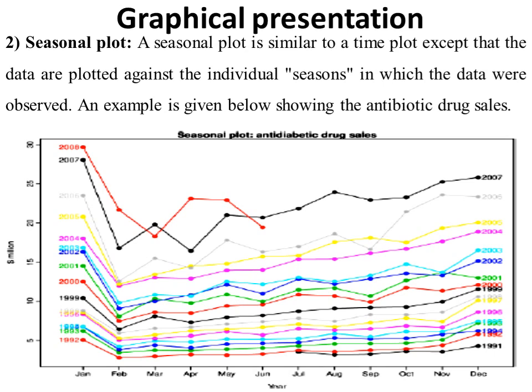The small number of sales in June 2008 is probably due to incomplete counting of sales at the time the data were collected, or I can interpret it as because of the summer season. There were many factors that make people not buy the antibiotic drug.